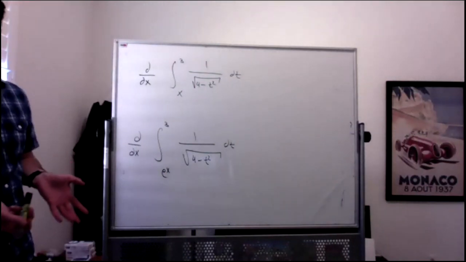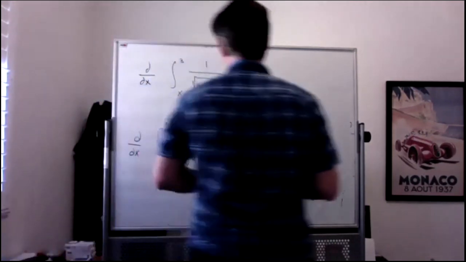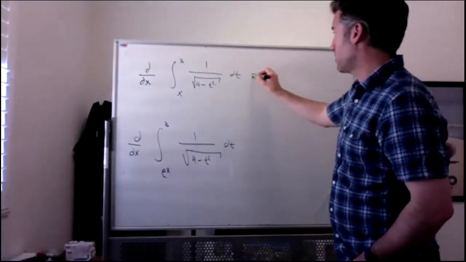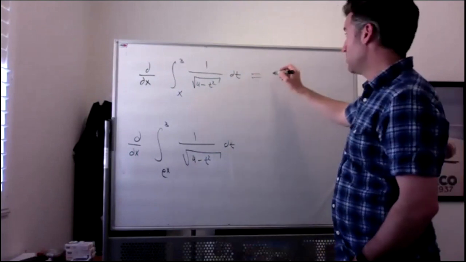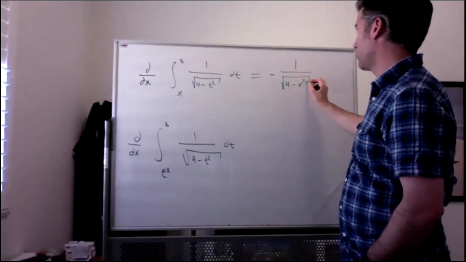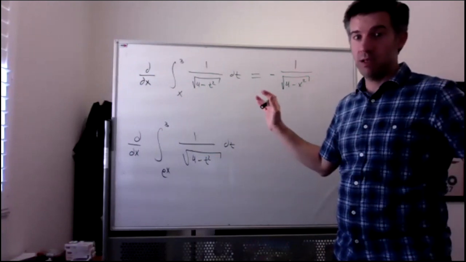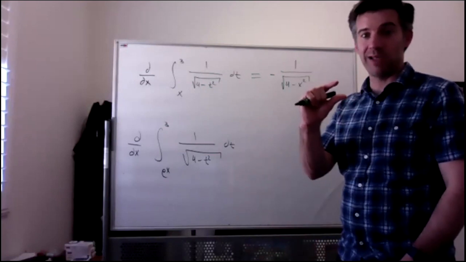That was probably less than 2 minutes, but probably enough time to at least do the first one. The first one's going to be, since it's in the bottom, you know it's going to be negative. It's going to be negative 1 over the square root of 4 minus x squared. Done. That's it. For this one here, a tiny bit more complicated.